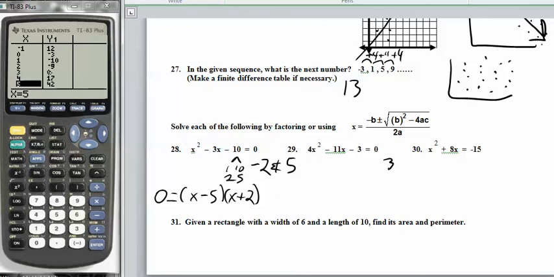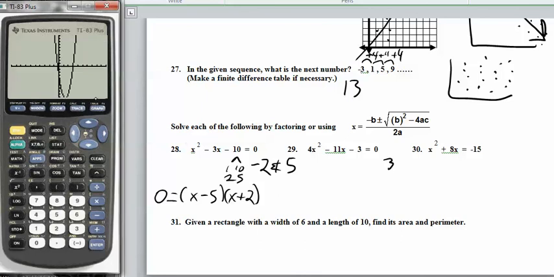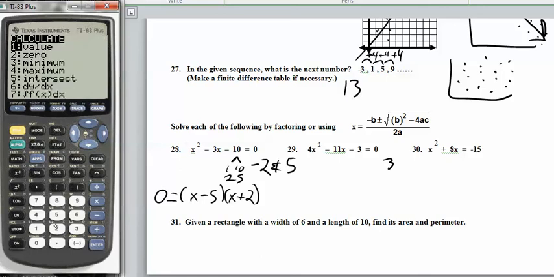So how do we do this? Go back in our graph, and we want to find out what that 0 is. So we're going to go into calculate a 0. Now remember, the hard thing about this is we have to find something to the left and something to the right to tell it which 0 we're talking about. So it asks for a left bound. I'm going to pick a number over here, minus 10. I'm going to pick a right bound.